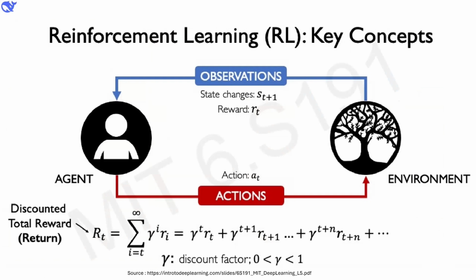In this case, the agent interacts with the environment via observations, which are usually denoted as the states. For every observation, it performs an action, and based on whether the action was good or bad, it receives a reward or a penalty.